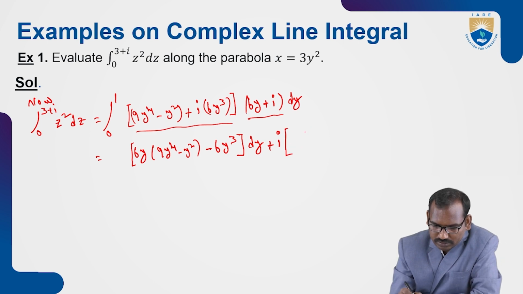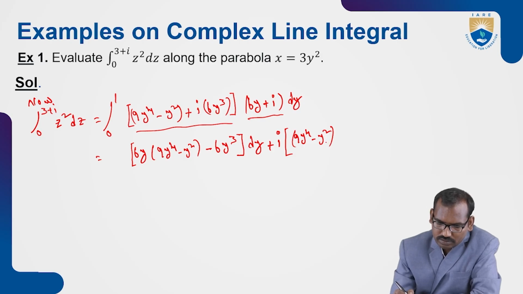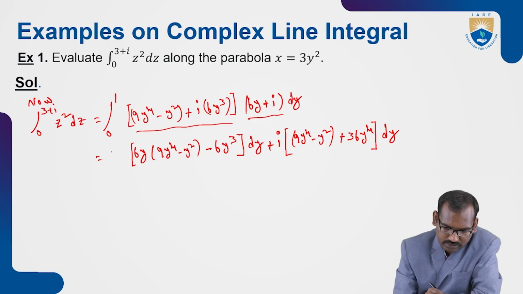So here I can write 9y to the power 4 minus y square, next plus 36y to the power 4. Here also dy, and we have integration from 0 to 1. Now you can take integration from 0 to 1.